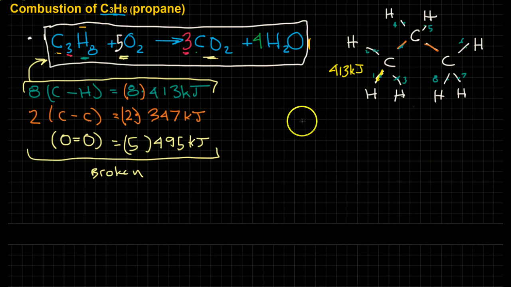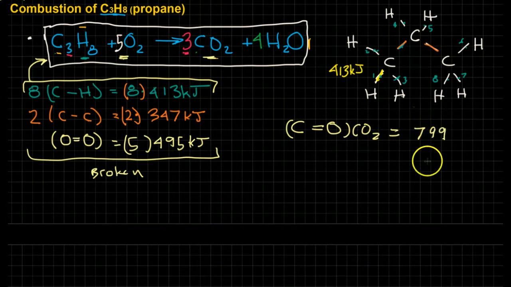That's C to O, and this is for CO2. It is going to be equal to 799 kilojoules. And let's not forget, that's going to happen 3 times. Okay, so that's good.